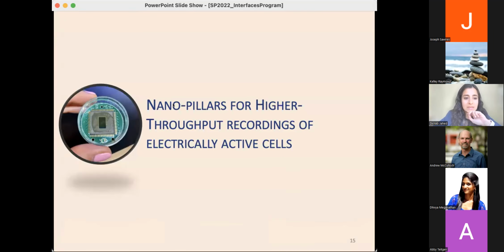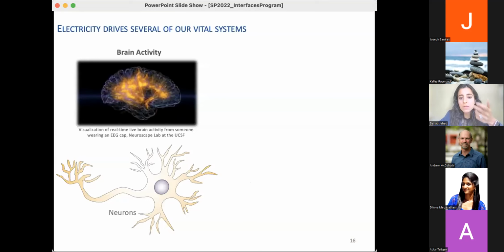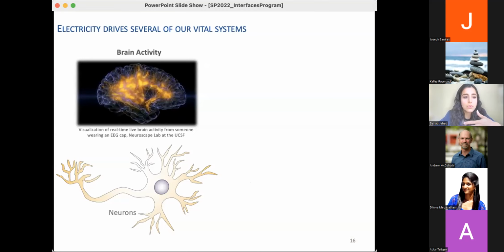And we use these nanopillars for higher throughput recording of electrically active cells. So a lot of us are aware that the electrical activity in our brain is really what runs our nervous system, and the communication between our neurons is what allows us to think and solve problems.